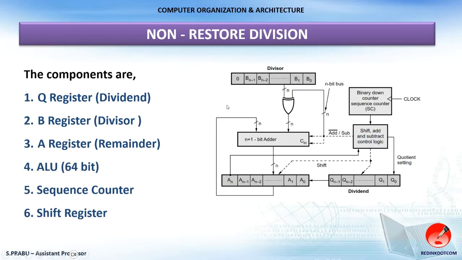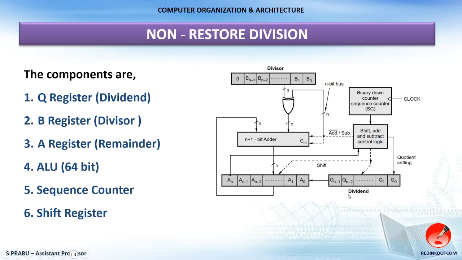In the non-restore division algorithm, the same circuit can be used as we discussed in the restore division algorithm. There are two registers, A register and Q register. These two registers are treated as a single register. Then B register contains the divisor value including the sign bit.